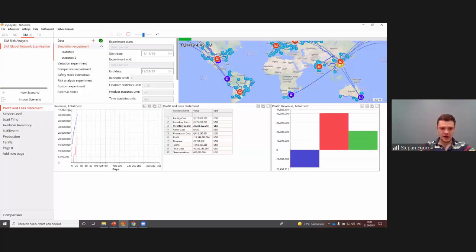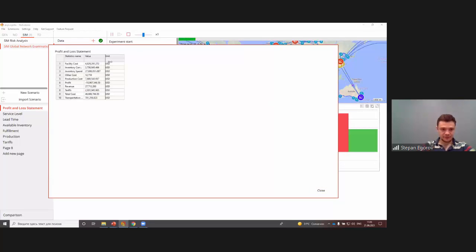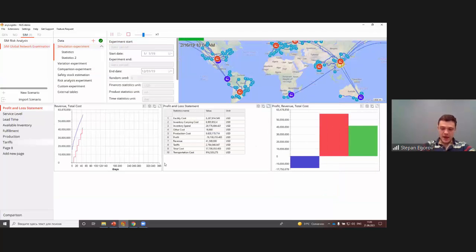We can observe how they change. For example, this is revenue versus total cost, and we can see how they change over time. Also, the profit and loss statement. So we can see how these things dynamically evolve over time, like inventory spend, inventory carrying cost, tariffs in different countries, transportation costs, production costs, and so on and so forth.